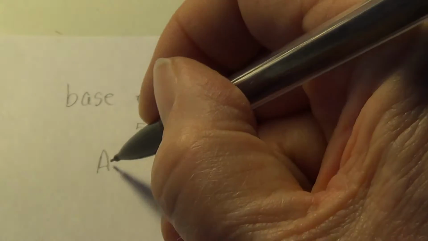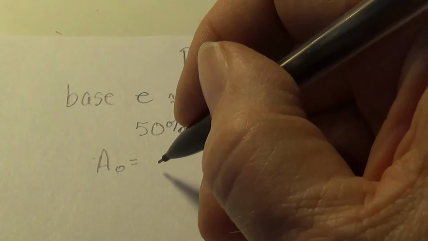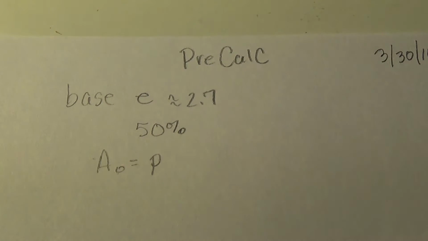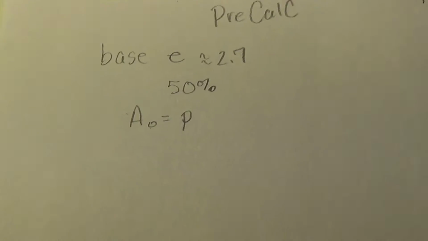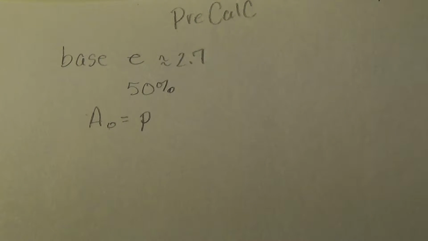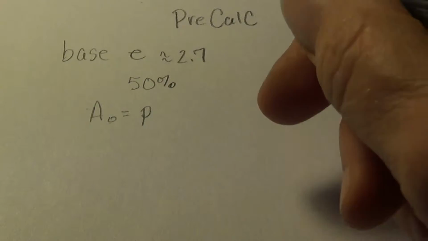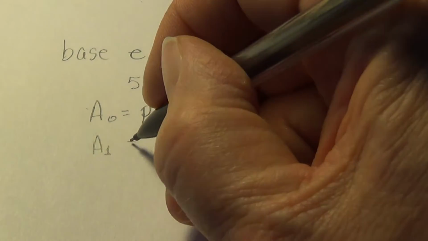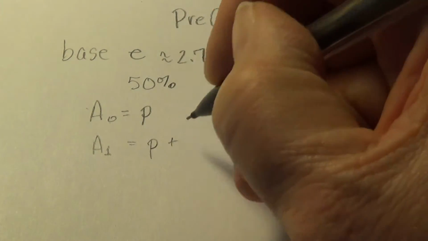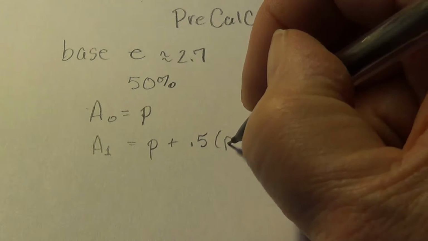So we're going to say the amount at time zero, A sub 0, is P. That stands for the principal, or what you had to start with. So on the very first day of this amazing investment, you have A sub 0 equals P. And 1 year later, the amount at time 1 year is going to be P, what you put in, plus 50%, or 0.5 times P again.